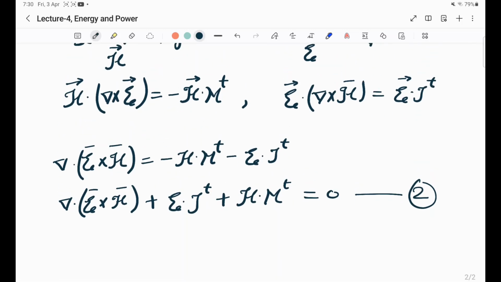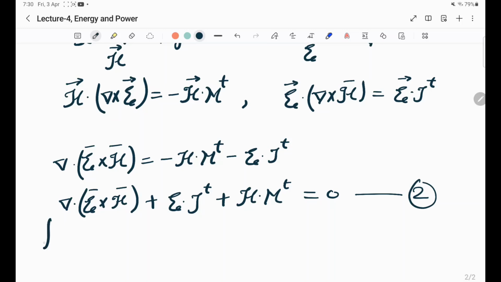Okay, now since we see a divergence term here, if we do volume integration on both sides and apply the divergence theorem, we will get a different form of equation 2, which will be in integral form. So let's do that. We will do triple volume integration on both sides of equation 2.